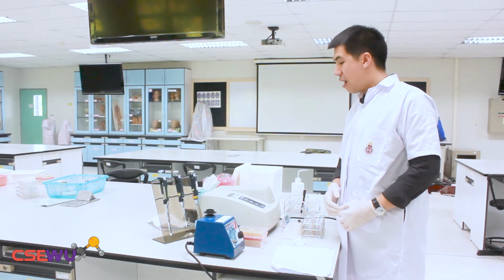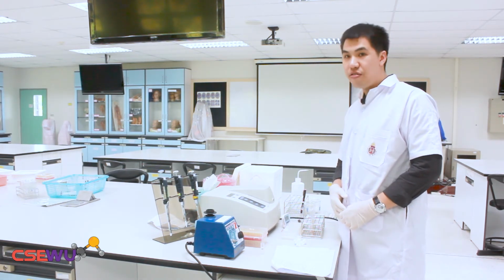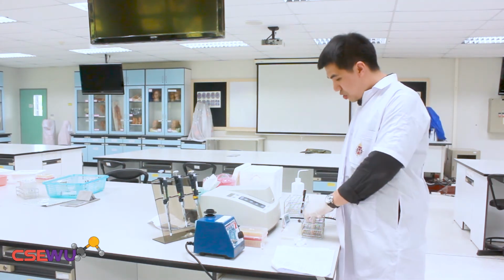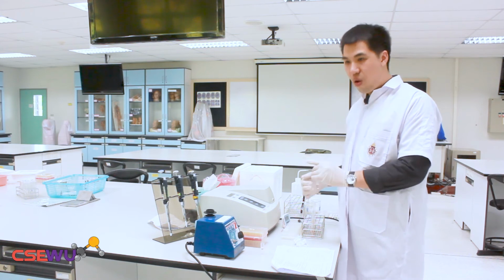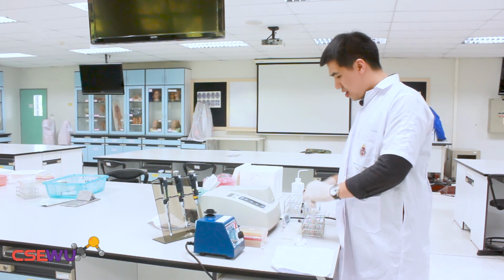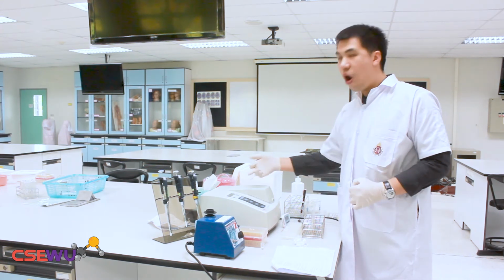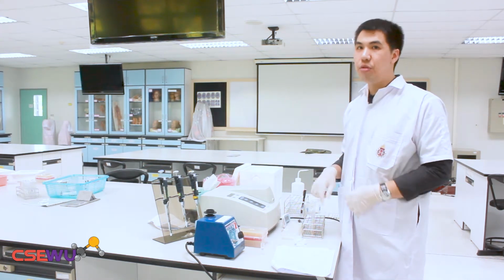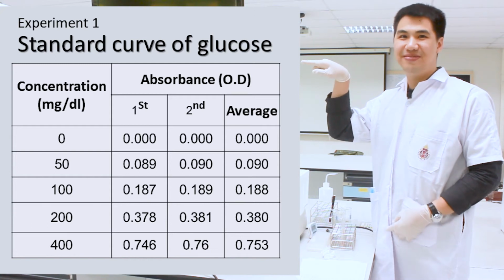Then you can read the OD value directly from the machine. Then you do the same for the third, the fourth, and the fifth tube. Then you can get all of the OD values from the 5 tubes here in this table.